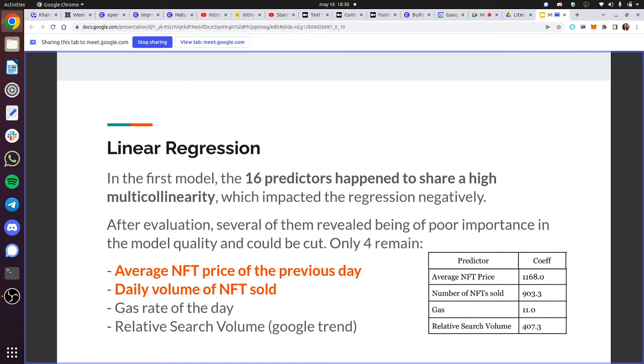And actually it happens that the average NFT price of the previous day and the daily volume of the NFT sold are the most influential variables on predicting the NFT price, together with the Google trend, so the relative search volume, which is also quite significant. The fourth one is the gas rate of the day, which will explain why people buy or not on D-Day.